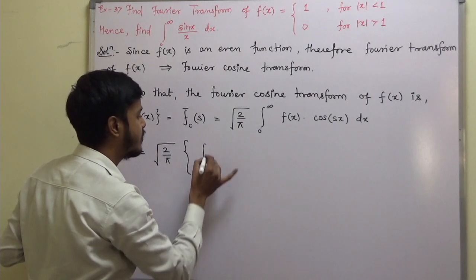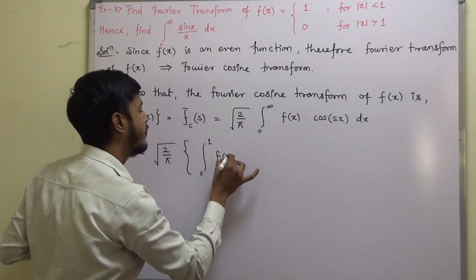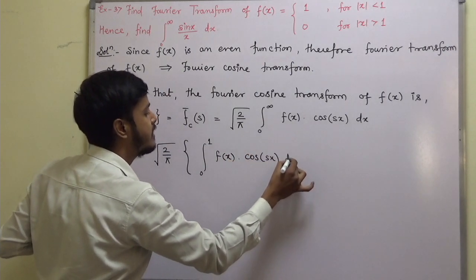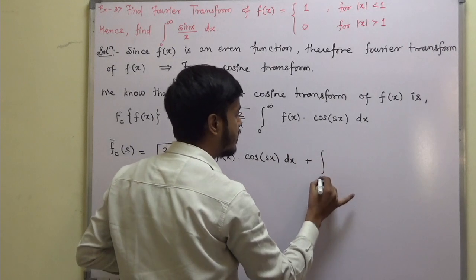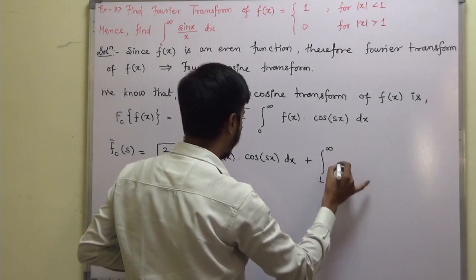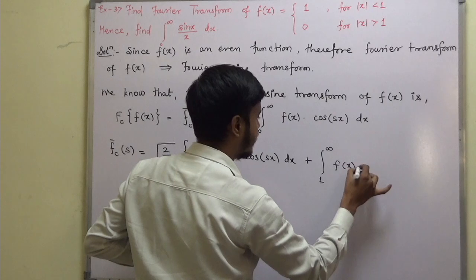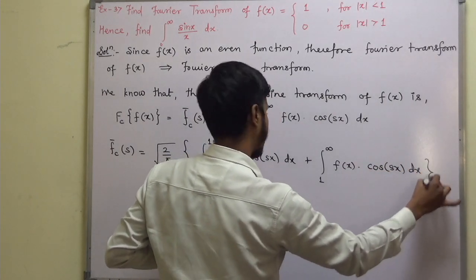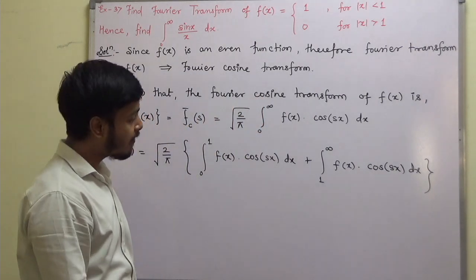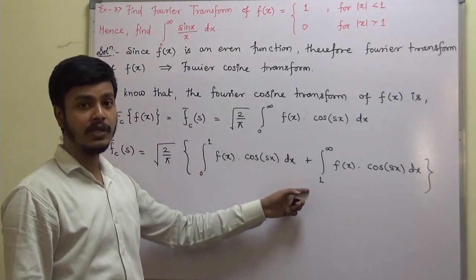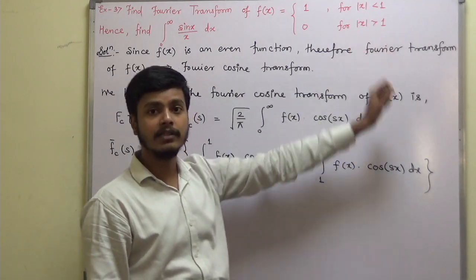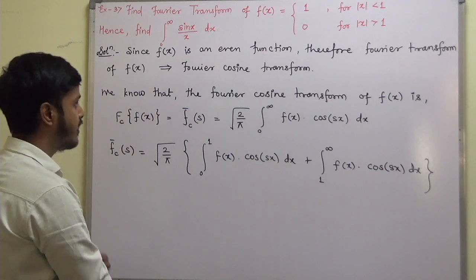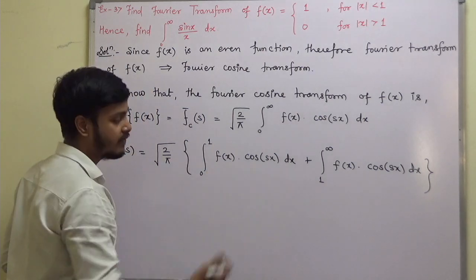So this is 0 to 1 f of x into cos sx dx plus integration 1 to infinity f of x into cos sx dx. Now some may be having doubts like why only you are breaking like 0 to 1 and 1 to infinity. If it is like 2, 0 to 2, 2 to infinity. Okay, likewise. If it is a, 0 to a to infinity.